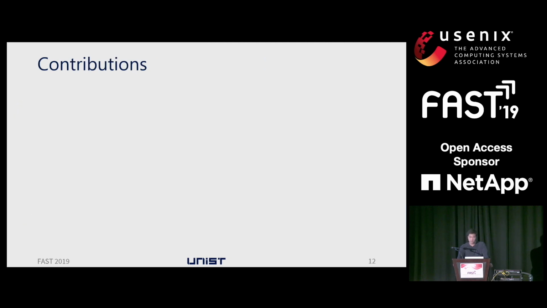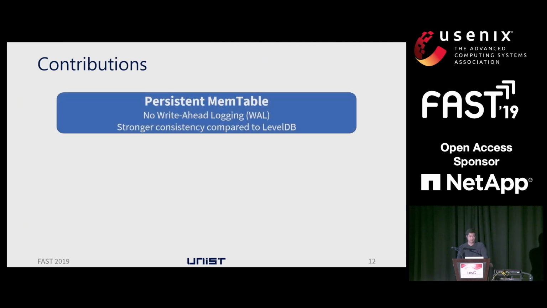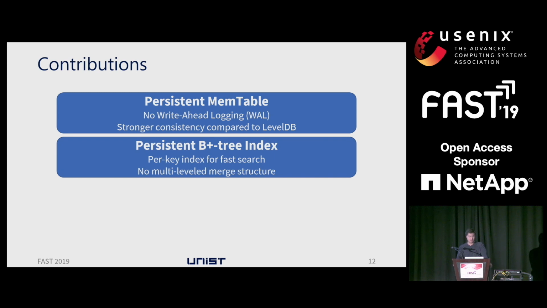Well, the contributions that we've made are, first, a persistent memtable where we don't do any write-ahead logging, and it has stronger consistency compared to LevelDB. We have our persistent B+ tree index, which allows us to do a fast search for the data stored on the disk, and also allows us to have only a single disk component.